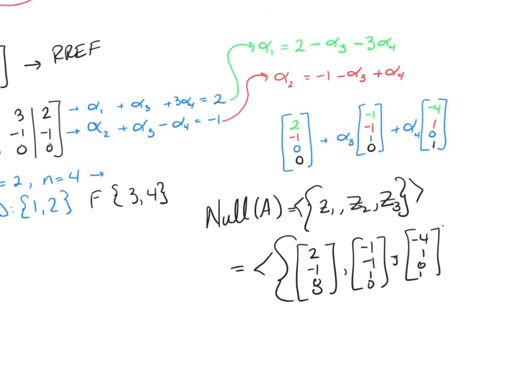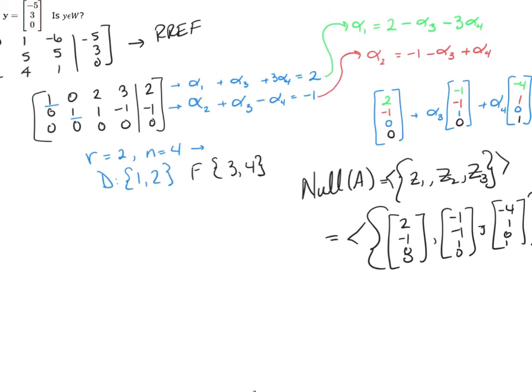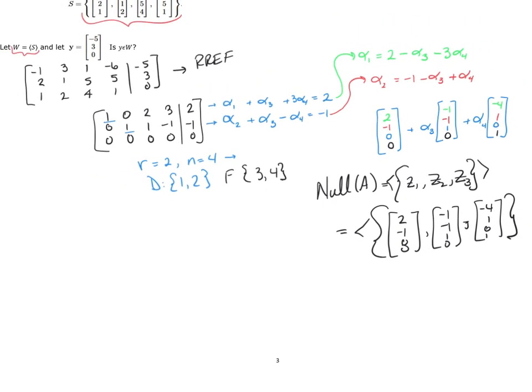So what this tells me is that, yes, the answer is yes, my vector y is in the span. And the way I can get there is by taking this one, which is 2 times my first vector.